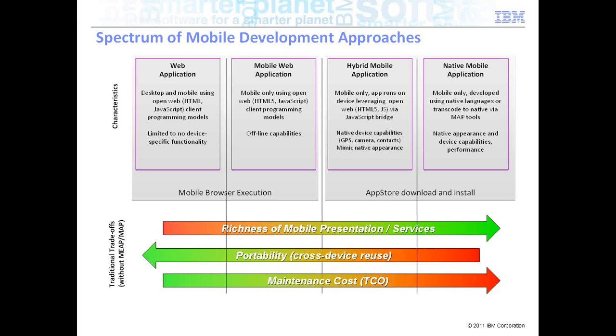Similarly, the maintenance cost increases if I move from web app to native app, simply because I have to manage those different versions, those different source codes of my same application somewhere in my infrastructure. So my maintenance cost would increase.